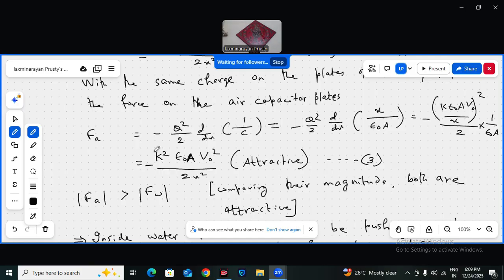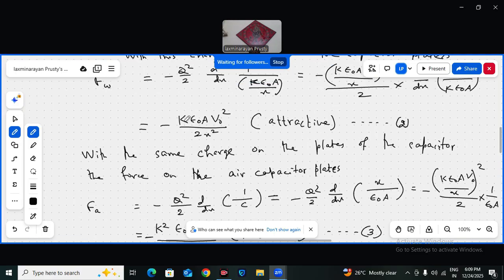So the same charge in the vacuum capacitor would have given a bigger force, because K square, and compare it with equation 2, it is K only. K is greater than 1, so K square is greater than K. Just compare here.